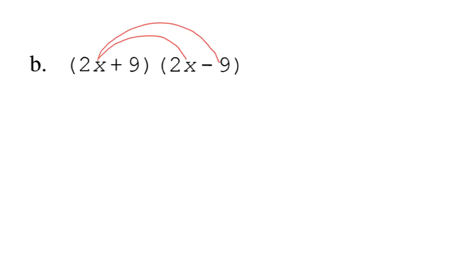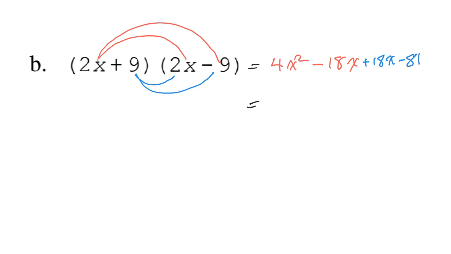2x times 2x and 2x times 9, which gives us, well, 2x times 2x is 4x squared, and then 2x times minus 9 gives us minus 2 times 9 is 18x, and then this times this, and then this times this. So we're going to have plus 18x, right? And then minus 81.